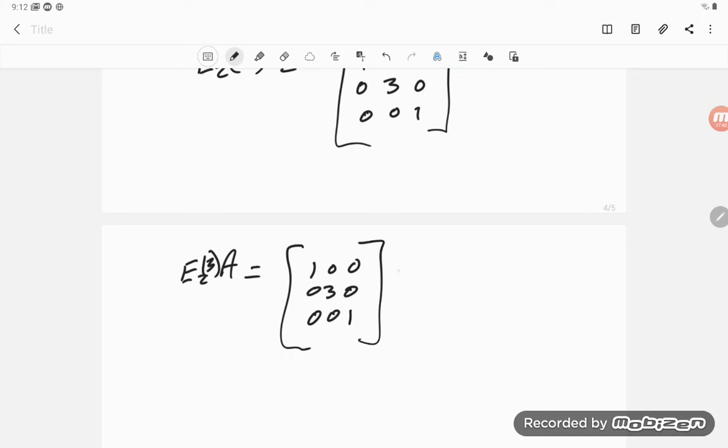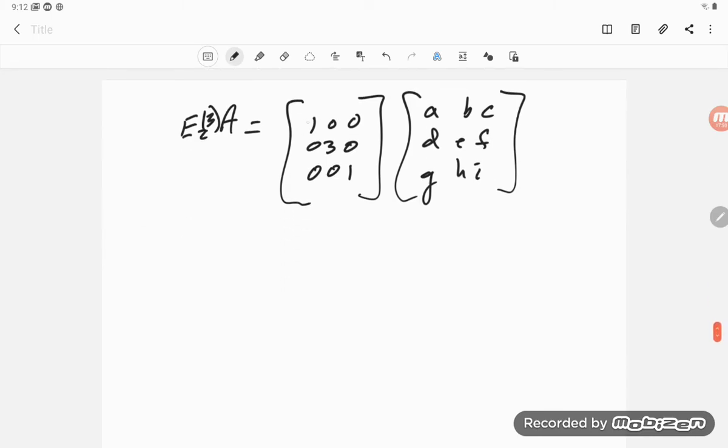And then times A, B, C, D, E, F, G, H, I. Okay, the first row of the E2 of 3 here just takes the first row of A, right, just repeats it, so I get A, B, C.